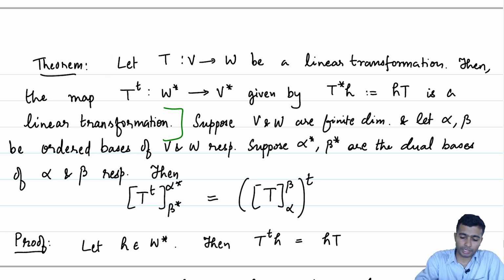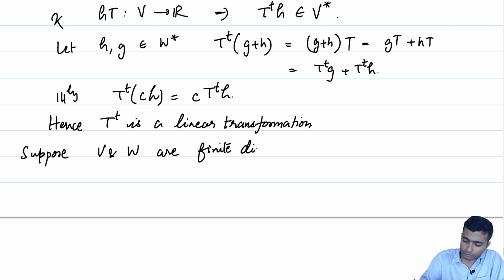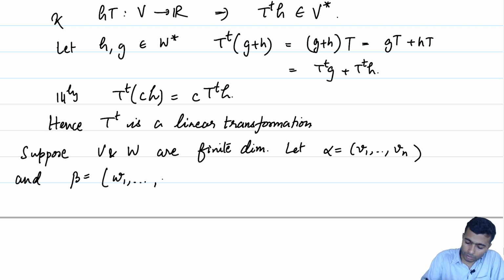Okay, now let us move into the case when both are finite dimensional. So suppose V and W are finite dimensional, and let alpha, beta be two ordered bases. Let alpha equal V1 to Vn and beta equal W1 to Wm be ordered bases.